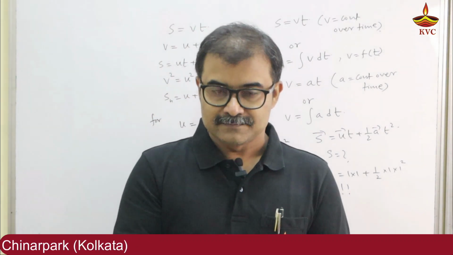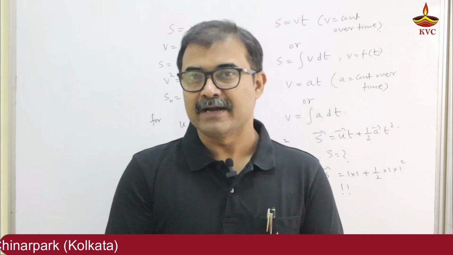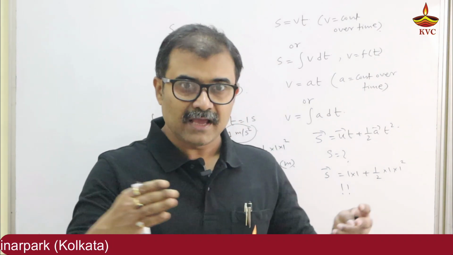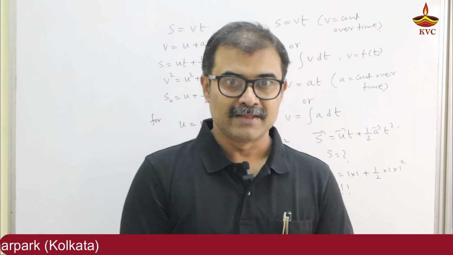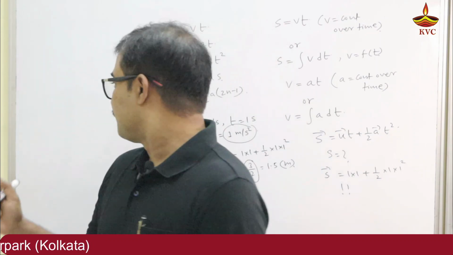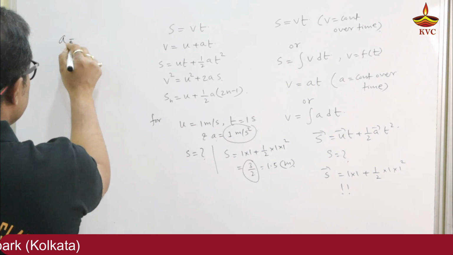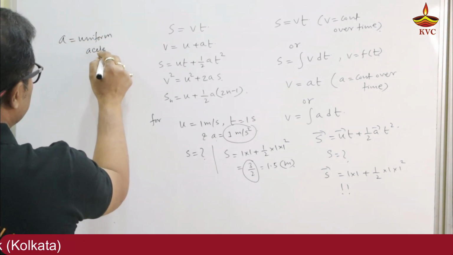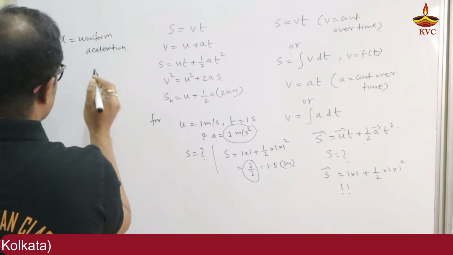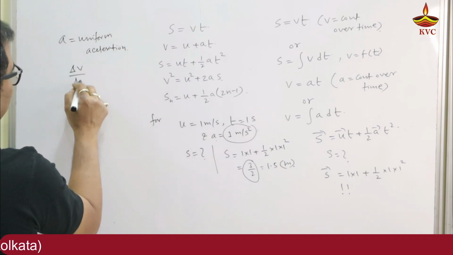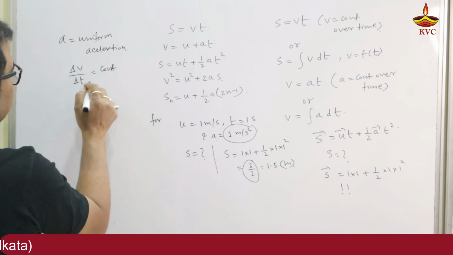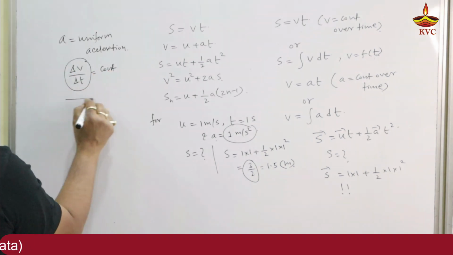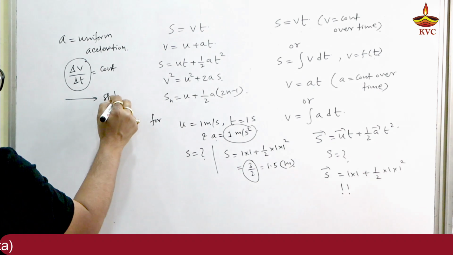So can we have some concept where both things converge at a single point? Yes. That concept is that A is uniform acceleration. That means delta V by delta T equals a constant at each and every segment, and the direction is in a straight line.